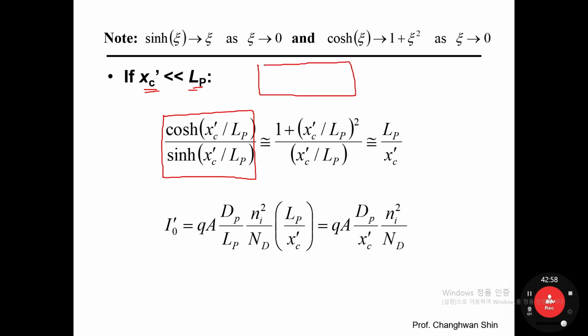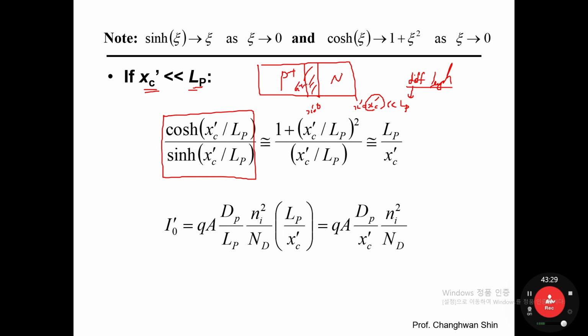That means in the P plus N diode, x prime is 0, and this x prime is Xc prime. Lp means the diffusion length, which is the average distance that the minority carrier can survive without any recombination with the majority carrier.